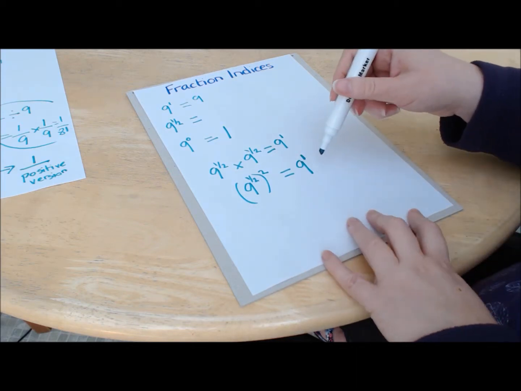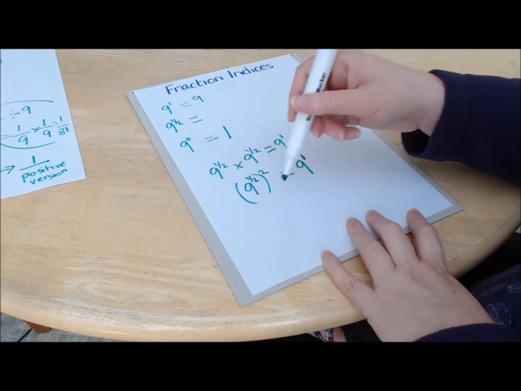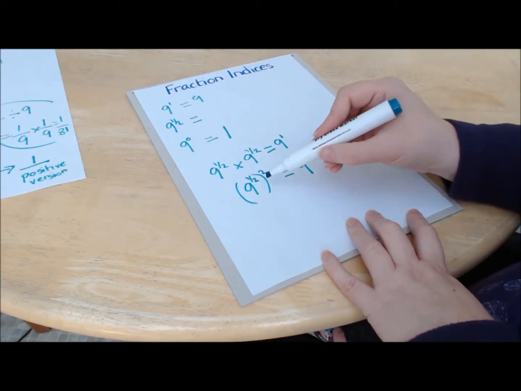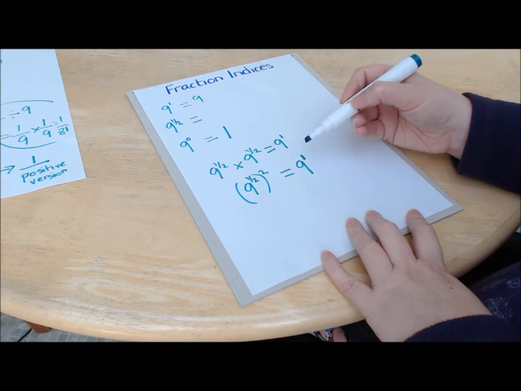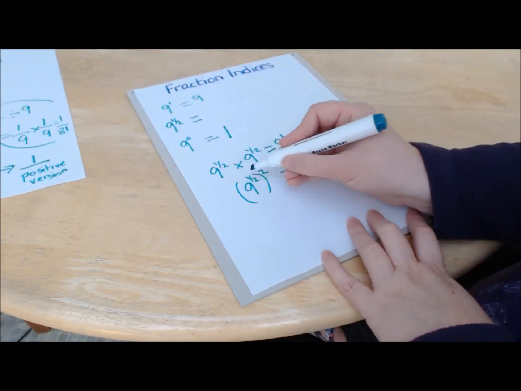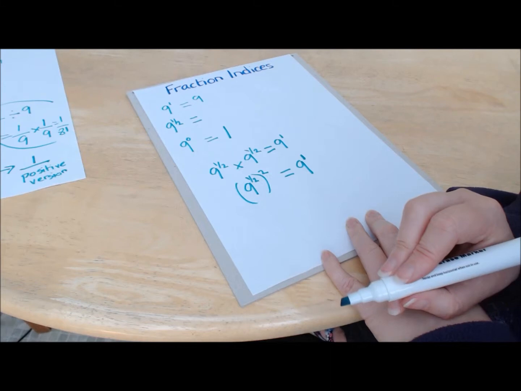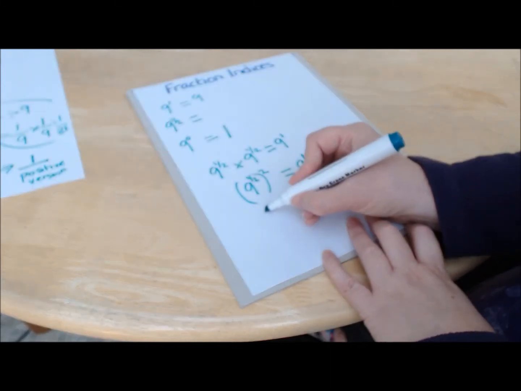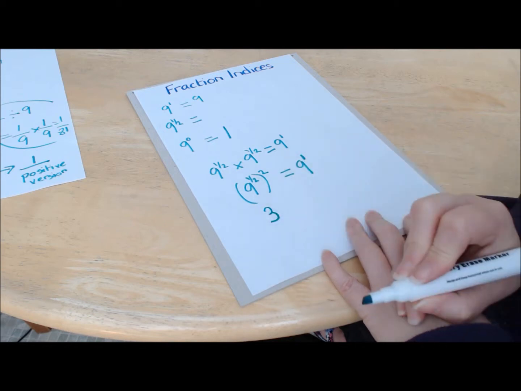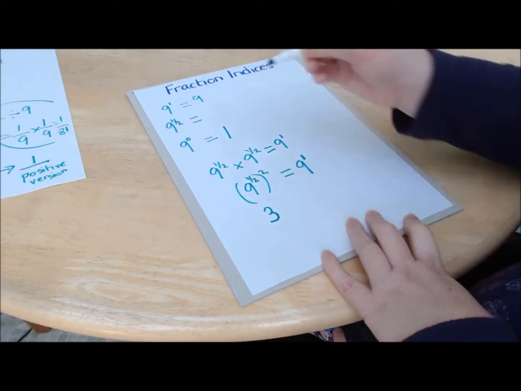Now, it's probably easier to understand if we look at this bit here. If we square this, we get 9. So this mysterious 9 to the power of a half, when we square it, we get 9. I think you can easily see that it is 3 in value.